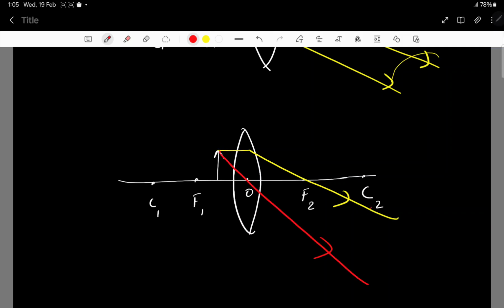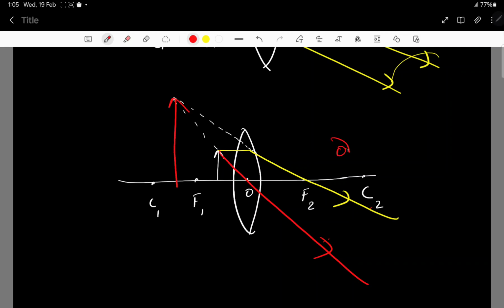If you look at these two light rays, they appear to be diverging, right? If light rays have a diverging nature, they will never meet, even at infinity. So if we imaginarily extend their path, these two light rays may appear to be coming from the same common point. So that's where the final image will be produced.